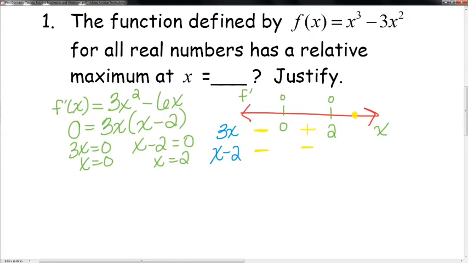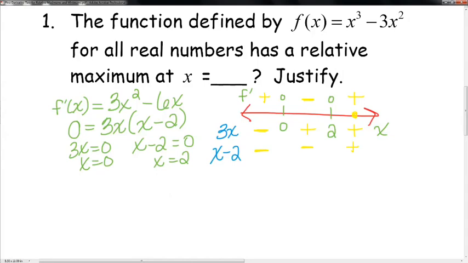And so 3 times 3 is 9. That's a positive number. 3 minus 2 is 1. That's a positive number. And so now we're going to be tracking because we're multiplying. These are multiplied factors. So a negative times a negative is a positive. A positive times a negative is a negative. A positive times a positive is a positive.